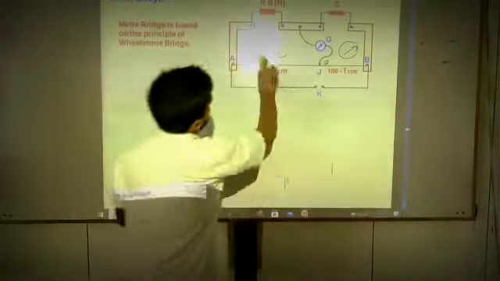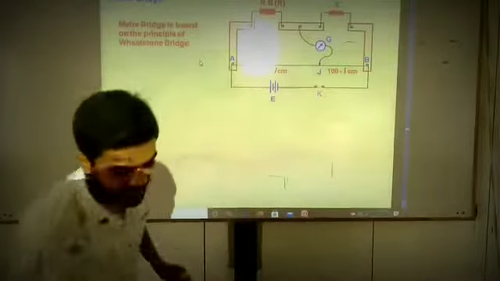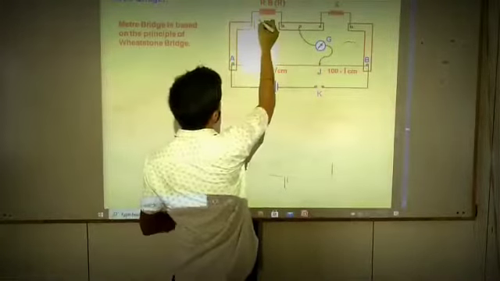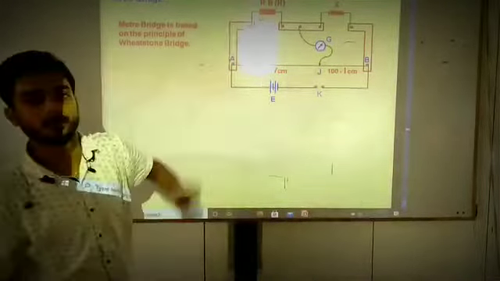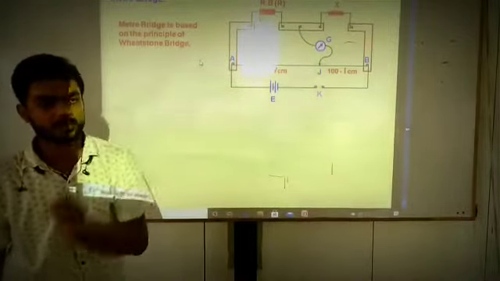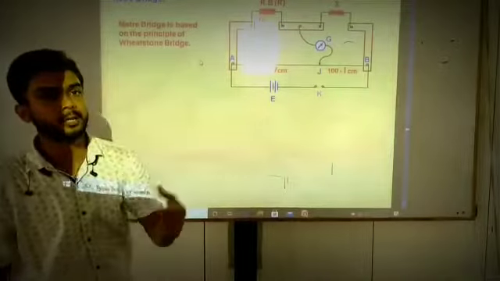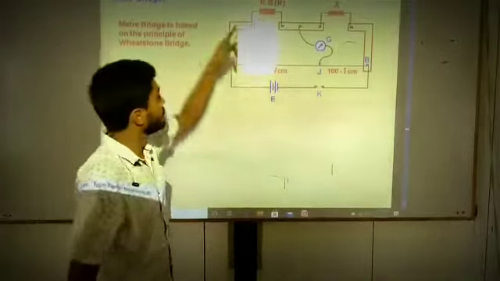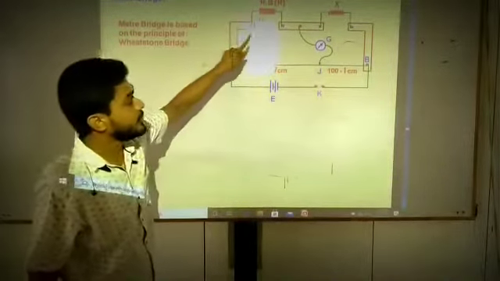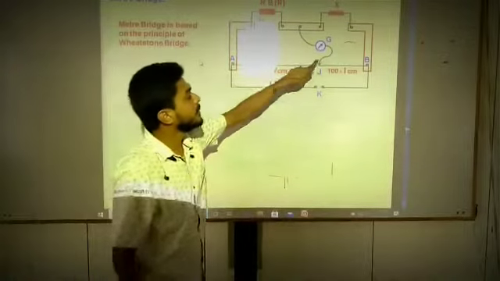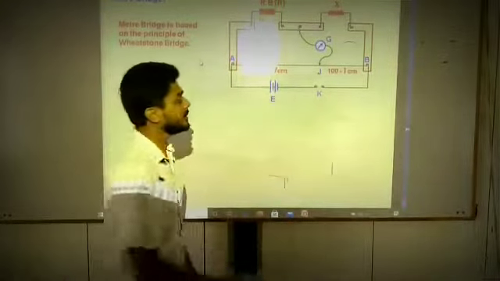After connecting this, take some value of resistance R from the resistance box. Take any considerable value, like 5 ohm or 10 ohm, and then find the null point. What is the null point?